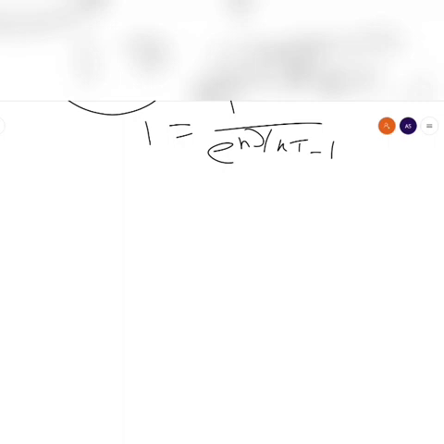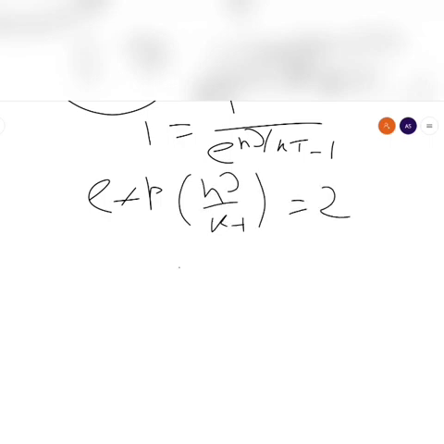It means that you can write e to the power h nu by kT is equal to 2, and h nu by kT is equal to ln 2. Now the value of h nu is 0.693 kT.